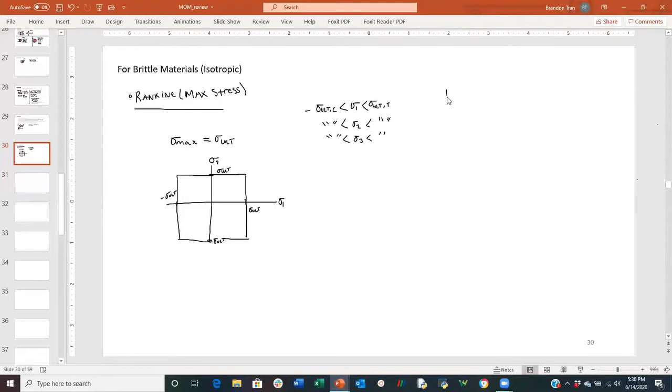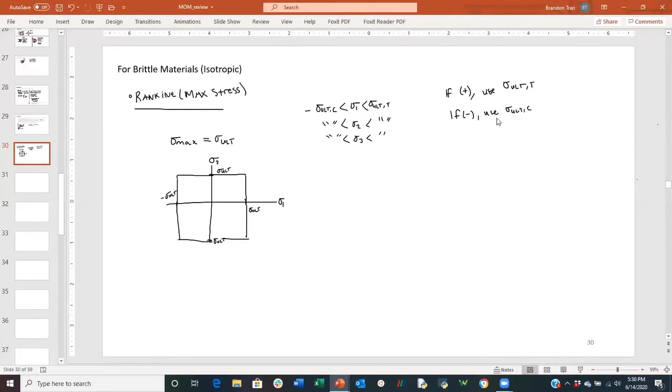So just to be complete, for the sake of analysis, if the principal stress here is in tension, which I'll denote as positive here, you would compare it to, so which ultimate stress do we compare it to? You would compare it to the ultimate tensile strength. Pretty straightforward for why that is. So again, if negative, you would use the ultimate compressive strength here.